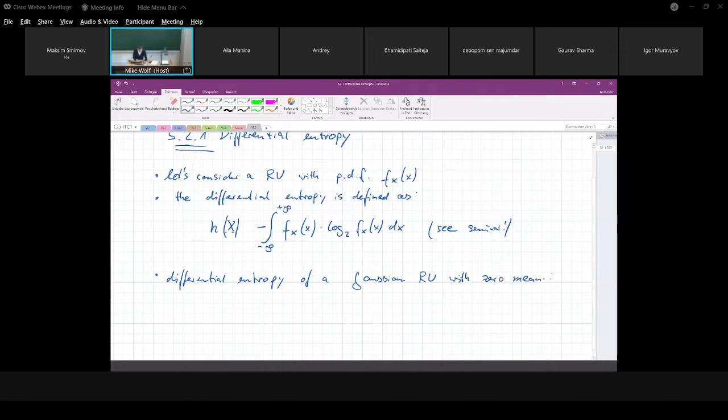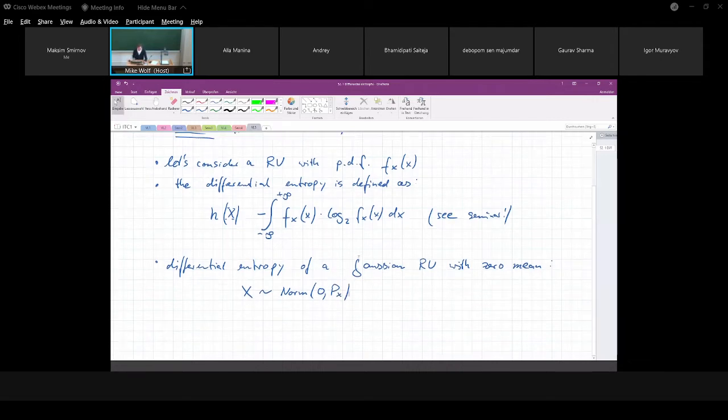So we say that x is normally distributed with a mean of 0 and a power Px, which is the second moment. Then we end up with this expression, h of x. We derived this in the seminar as 1/2 times log2 of 2 pi e, where e is Euler's constant, times Px.